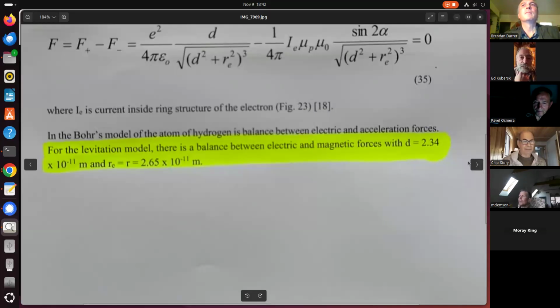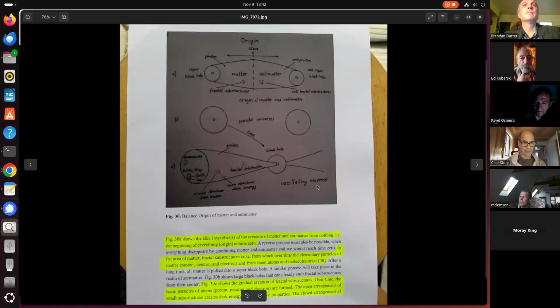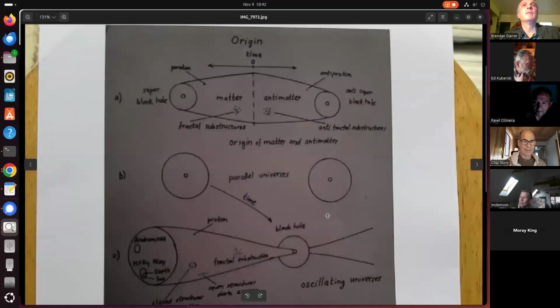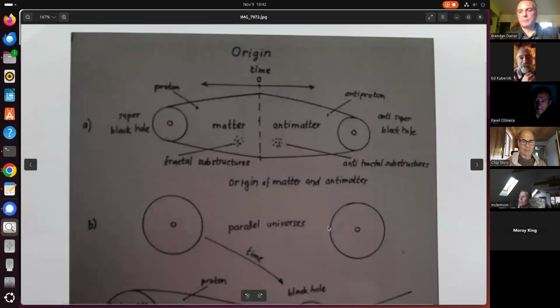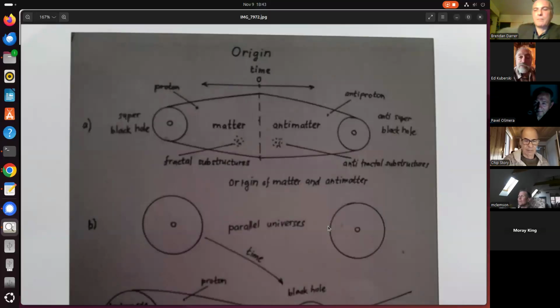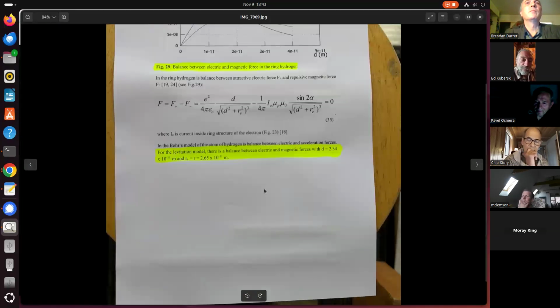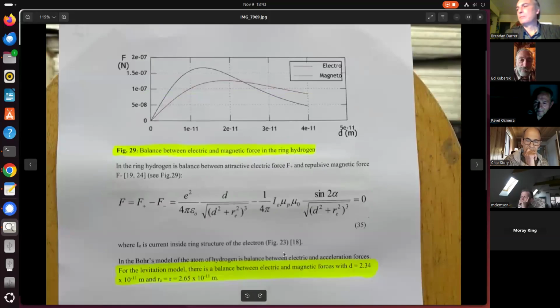All right, go on. And this next page, Moray, this is exactly where you were starting to talk about matter and antimatter. So that's why I knew this was here, and that's why I wanted us to just keep going with all of this, right? Before we break from that last page, when they talked about the levitation model, the diagram showed one ring being the proton and a bigger ring, the blue ring, being the electron.